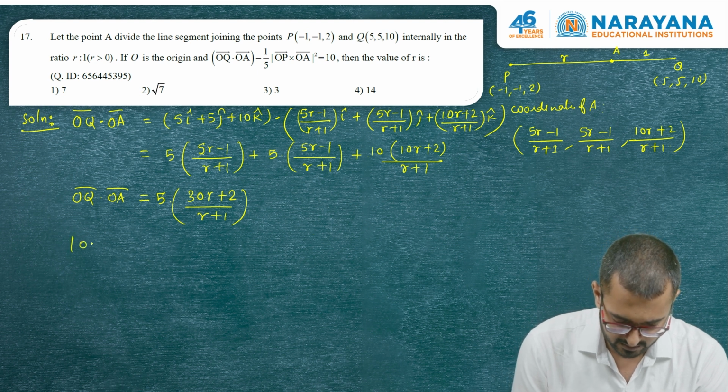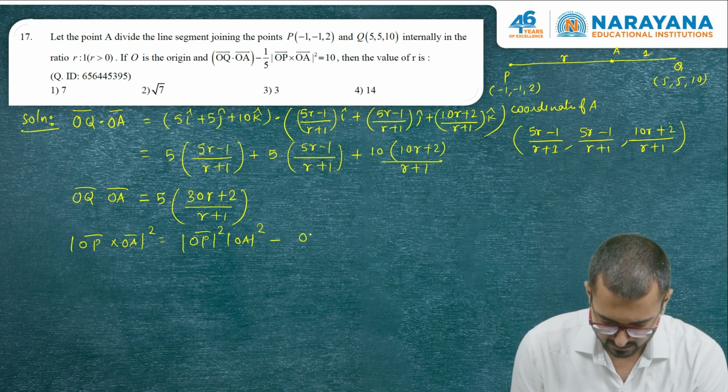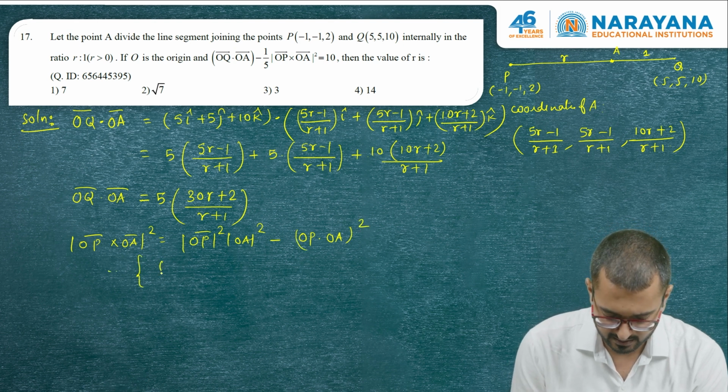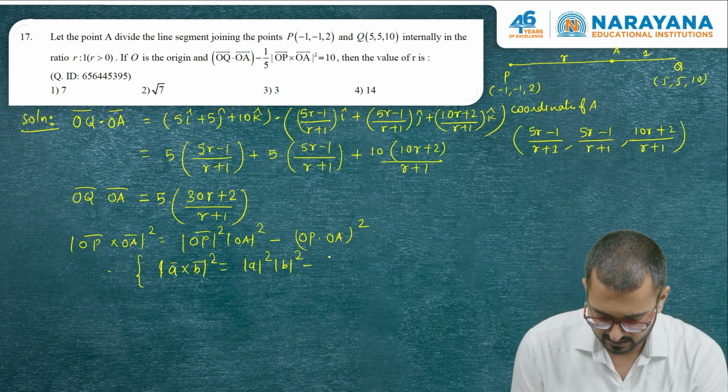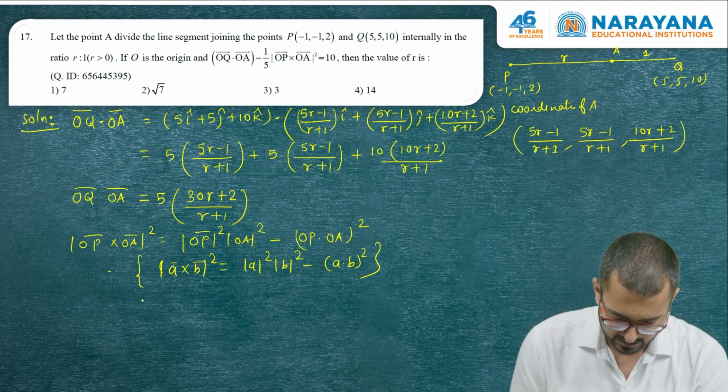It's basically modulus of OP cross OA, squared, equals OP squared times OA squared minus OP dot OA, the whole squared. Right? Lagrange identity you must have done. Modulus of A cross B squared is equal to mod A squared mod B squared minus A dot B, the whole squared. So now let's write down all these values.